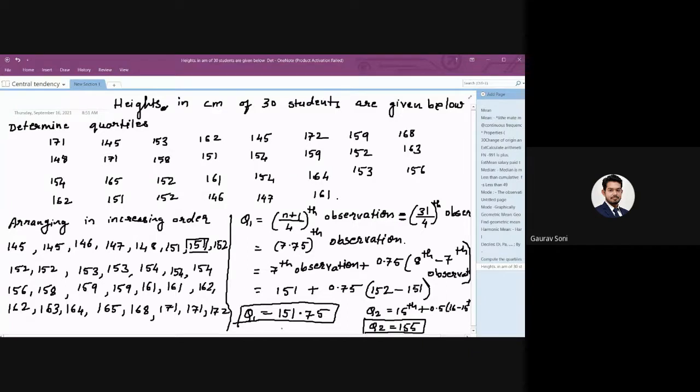What is Q3? Q3 is 3 times n plus 1 by 4th observation that you have to calculate.